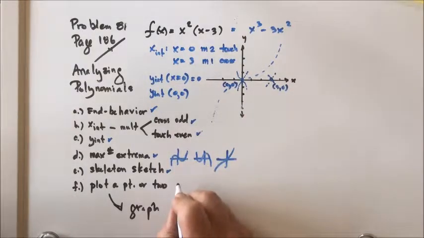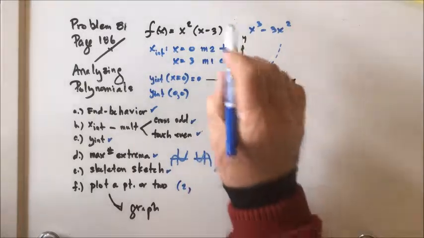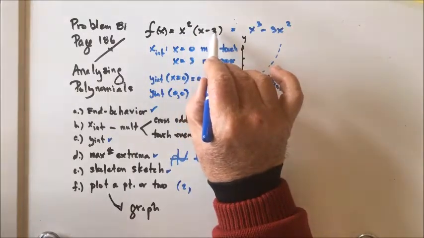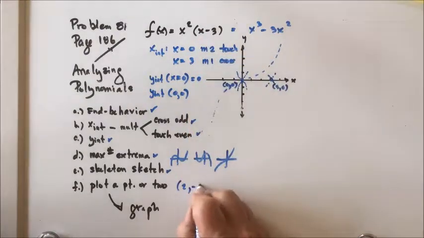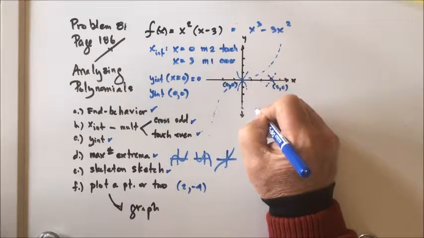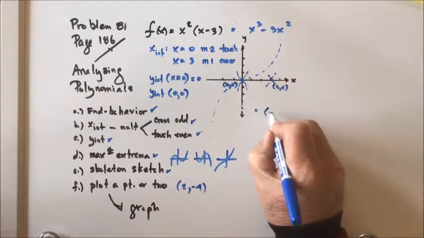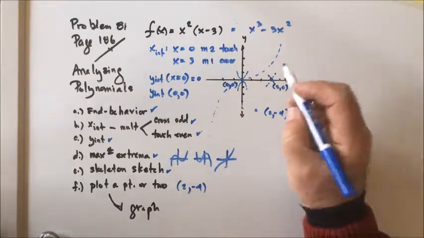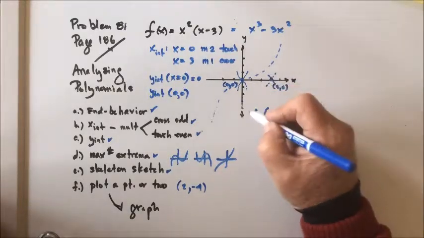Let me just try x equal to 2, and let's see what we get. If we put in 2, you get 4. 2 minus 3 is minus 1. You get minus 4. So the point (2, -4) is also a point on the graph.